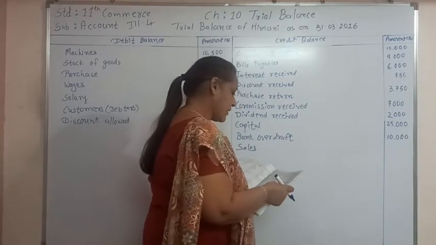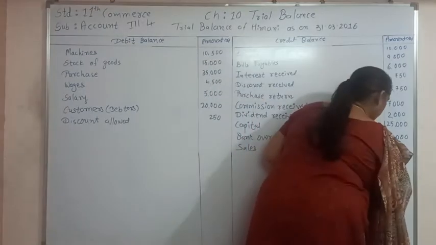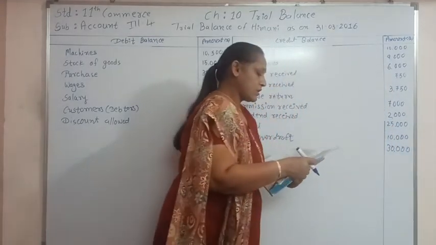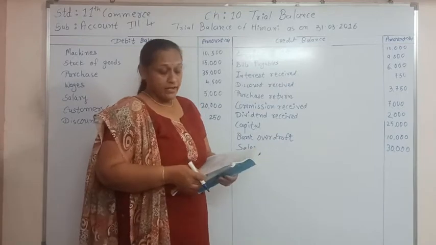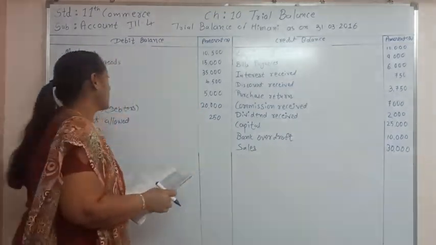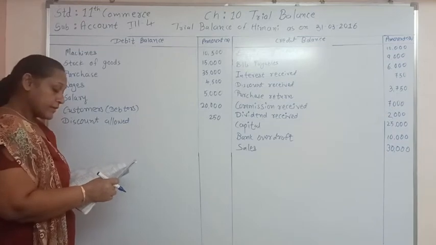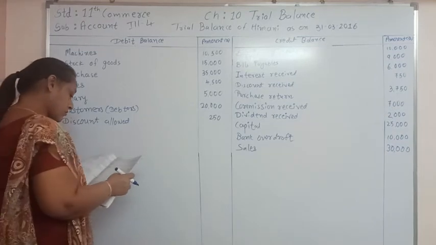Sales account has balance of rupees 30,000. After sales account, another account is sales return account. Sales return has a debit balance and is supposed to be written on the debit side.